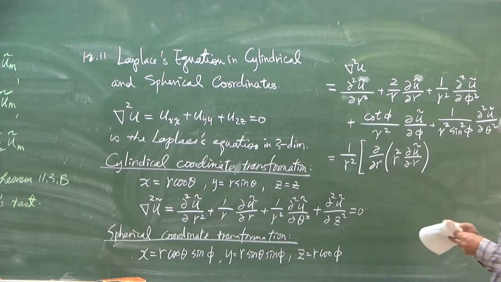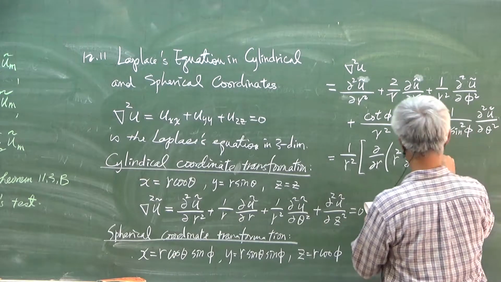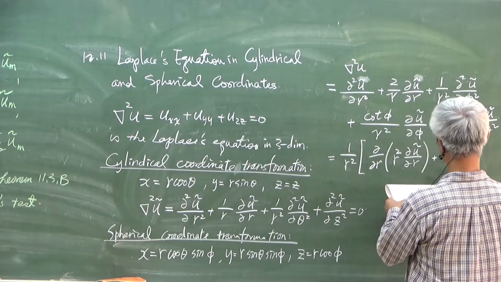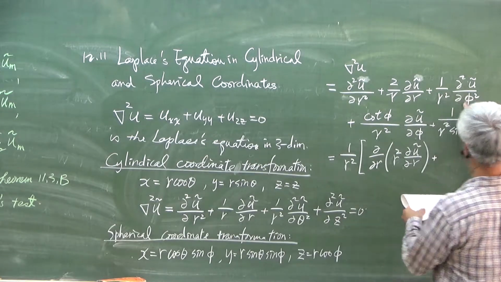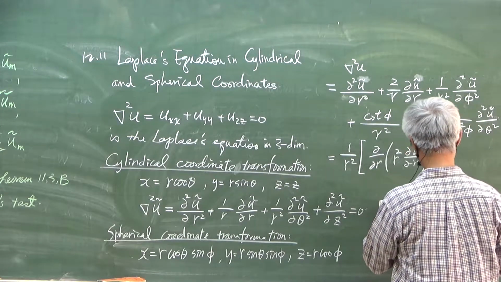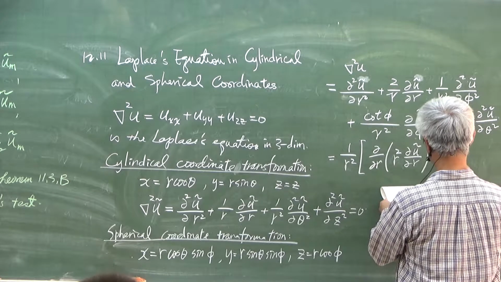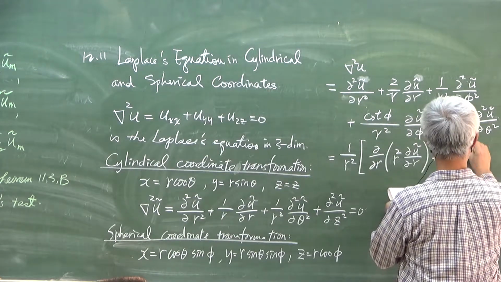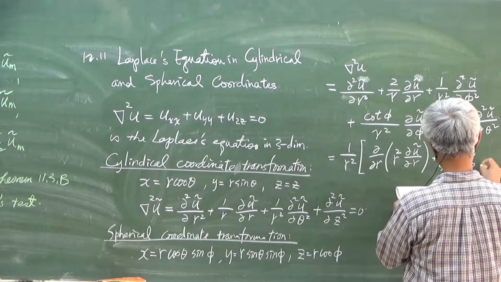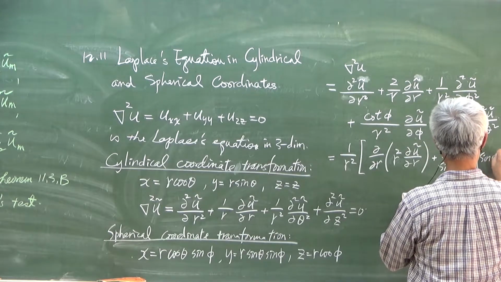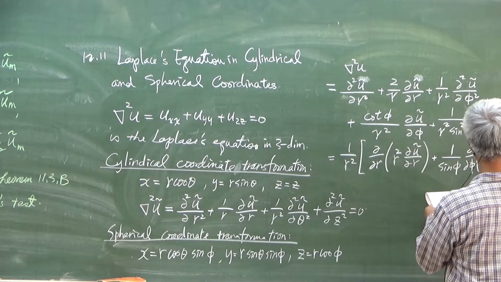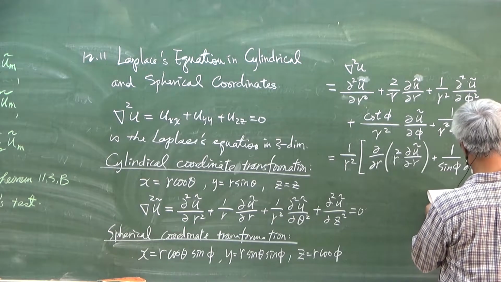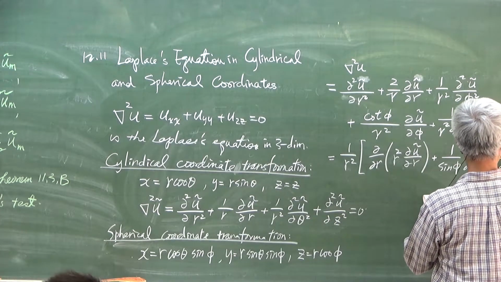Okay, so this is 1 here. And also the other two terms about partial derivative with respect to phi, so we have 1 over sine phi times the derivative of sine phi times the derivative with respect to phi.